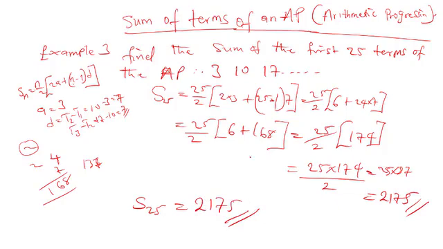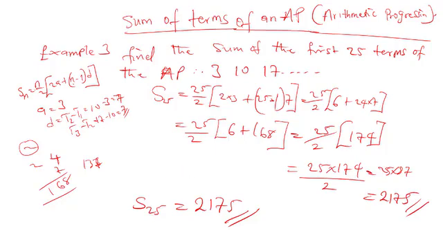By addition, if you start writing the numbers 3, 10, 17, 24, 31, 38, 45, 52, 59, continuously adding 7, and by the time you get to the 25th term you add everything, you arrive at 2175.